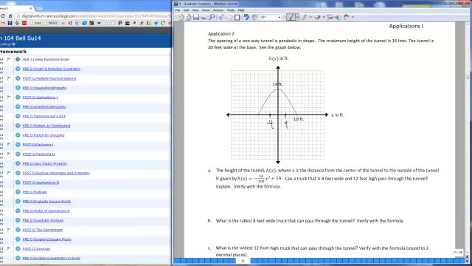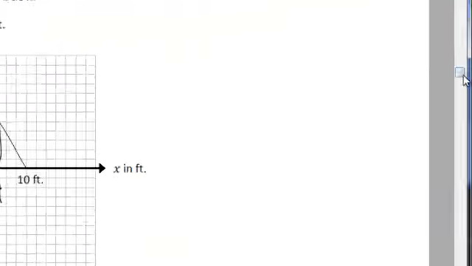This would be an 8 foot wide truck right here. So 12 feet high, so 2, 4, 6, 8, 10. Judging by looking just at the graph, it does not look like that truck would fit through this tunnel because it would hit here and here. So here you would let x equal 4 in this case, because h of x, where x is the distance from the center of the tunnel to the outside.